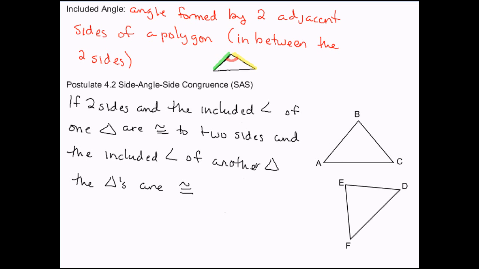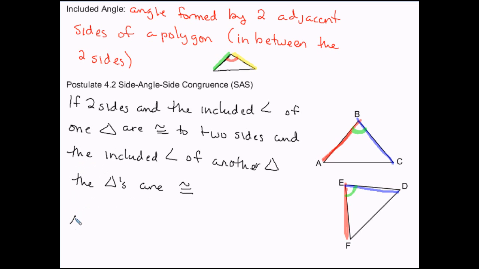So what we would have is AB. Hold on. AB would be congruent to EF. It's transparent. And BC would be congruent to ED, and you would also have to have that angle B and angle E were congruent.